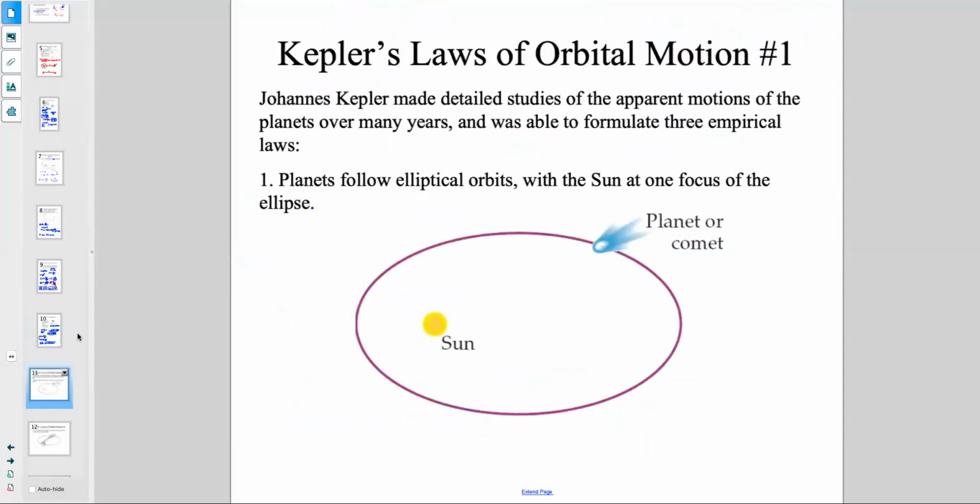So let's talk about Kepler's laws of orbital motion. Johannes Kepler was a very bright guy, and he was looking at the naked eye observations of Tycho. Tycho made the most accurate naked eye observations, down to the precision of 1 arc minute, and with a naked eye.